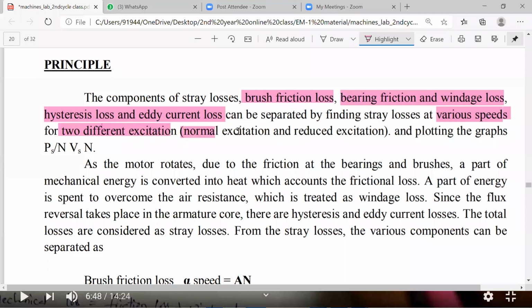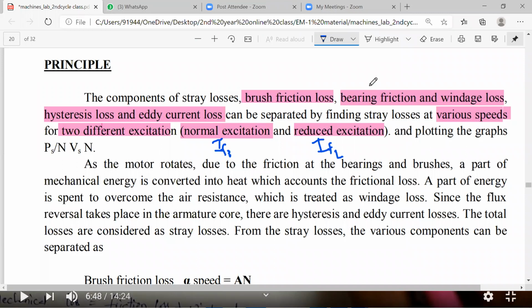First case, normal or rated excitation. Second case, reduced value of excitation. Excitation means the field current is varied. IF1 is the normal excitation, and IF2 is the reduced value of field current. Suppose IF1 is 1 ampere and IF2 is 0.75 ampere. That means the excitation changes: normal excitation and reduced excitation.